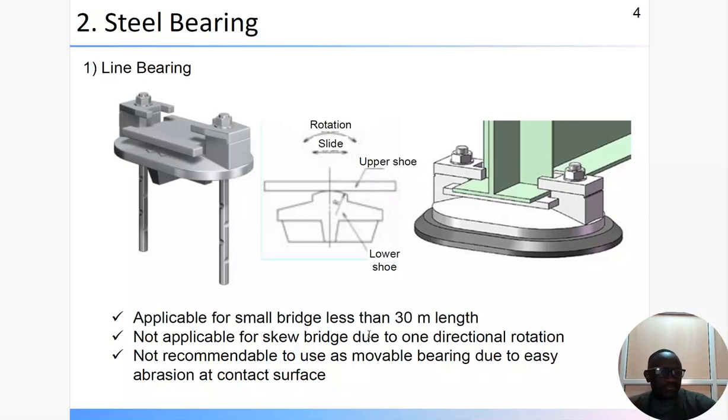So when you are coming, normally vehicles get problems as they are turning. They don't make a full turn. They make a half turn, then the complete turn is on the bridge, which has claimed a lot of lives and fatalities. So not recommended to use as movable bearing due to easy abrasion at contact surfaces.